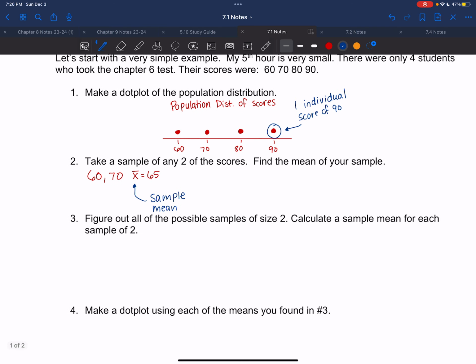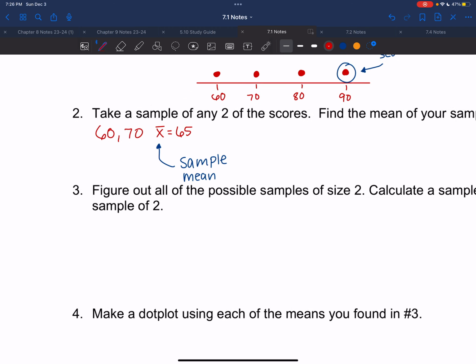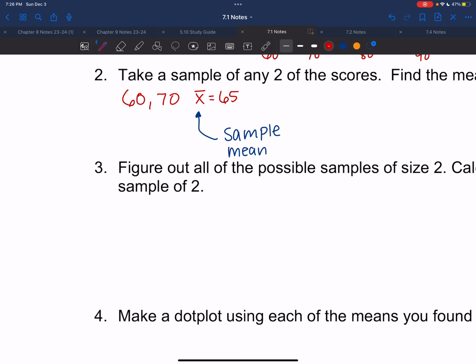Number 3 says, figure out all of the possible samples of size 2. Calculate a sample mean for each sample of 2. Since I've got 4 people that took this test, I'm going to list out all the possible samples of size 2. We already got 60 and 70, which had a sample mean of 65.